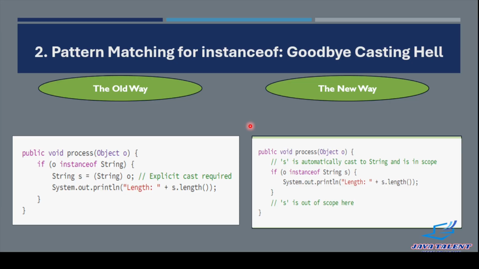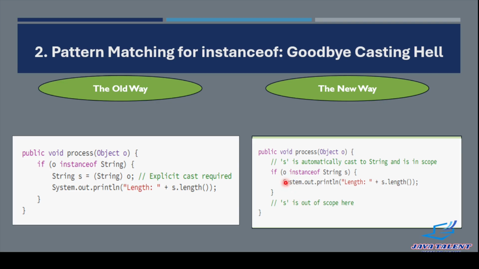Coming to the second approach, which is pattern matching for instanceof. Okay, so pattern matching for instanceof means goodbye to the old way. How many times have we had to write the same tired sequence: check the type, then explicitly cast it. The compiler nowadays casts it for you, and inside the block you can use the checked variable.